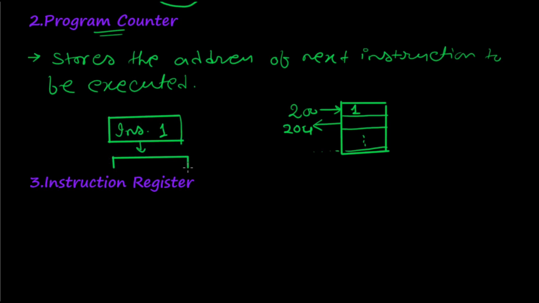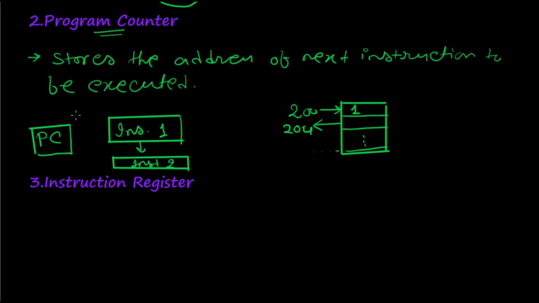So how will the CPU know where instruction 2 is located, or how it will get the instruction data, the actual instruction binary, from where? The program counter will inform the CPU about the next instruction address.